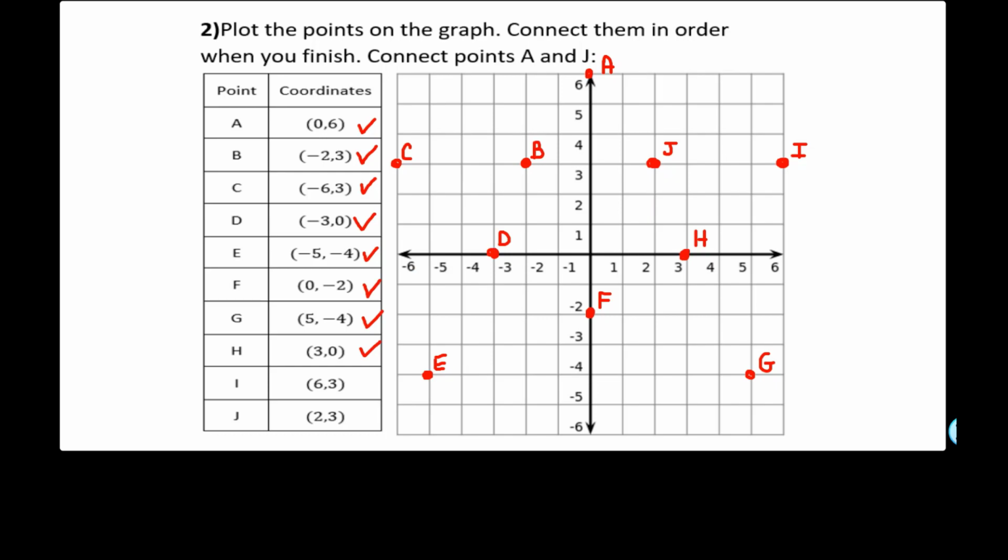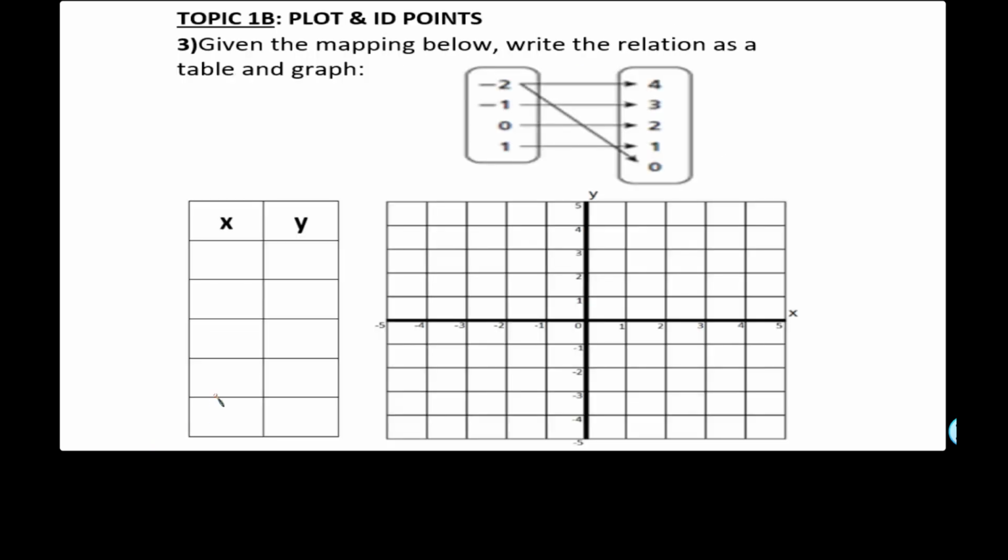All right, let's go on to the next problem, problem number 3. In this one, you're given a mapping. You're asked to translate into a table and a graph. Best thing to do is to do the table first. So we're going to follow the arrows. So this would be -2, 4. This would be our first ordered pair.